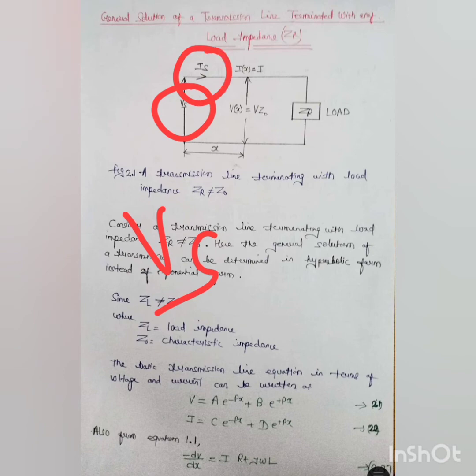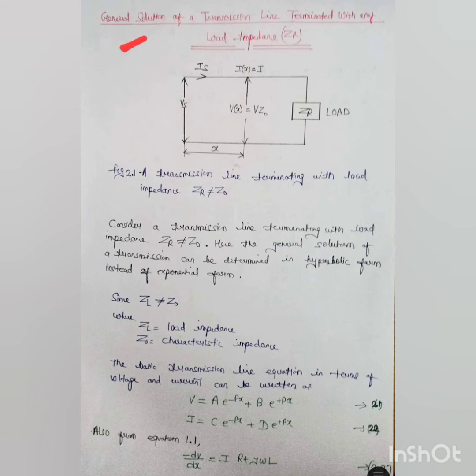Obviously we need to find out the solution of the transmission line equation in terms of hyperbolic functions. Actually the previous solution was explained in terms of exponentials. Now we should elaborate the transmission line equation in terms of hyperbolic equations as well.